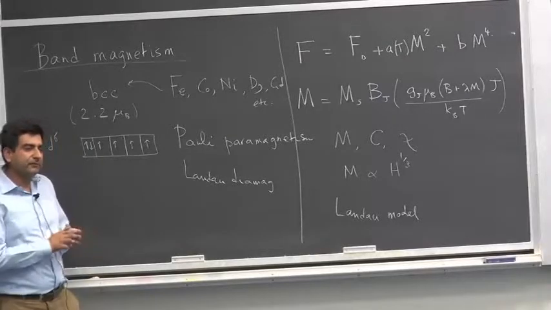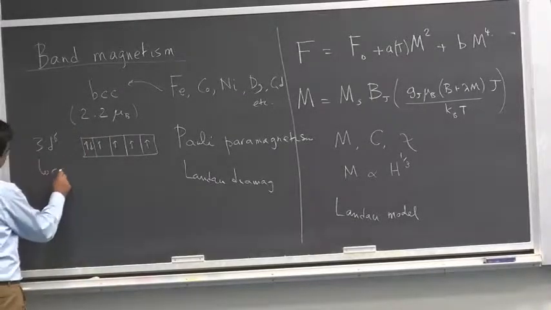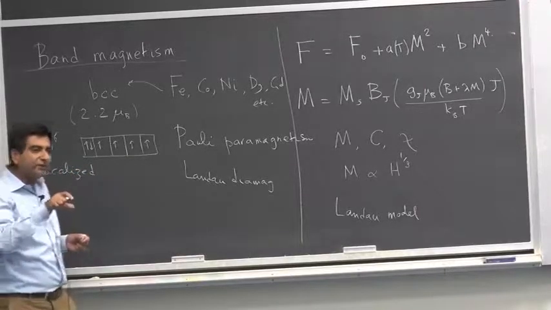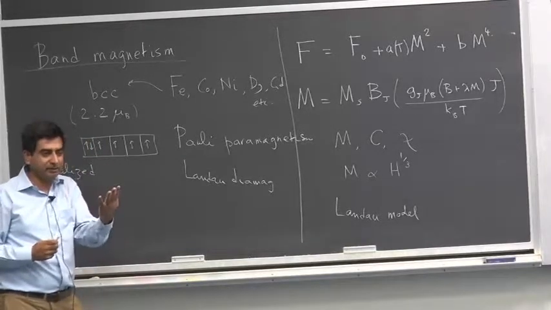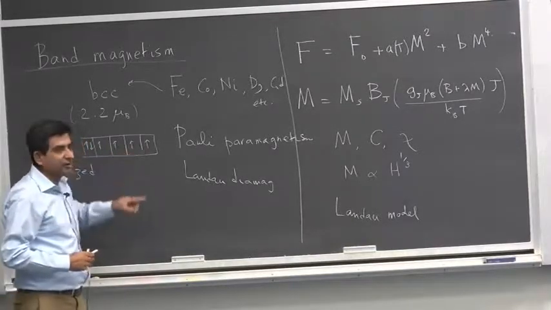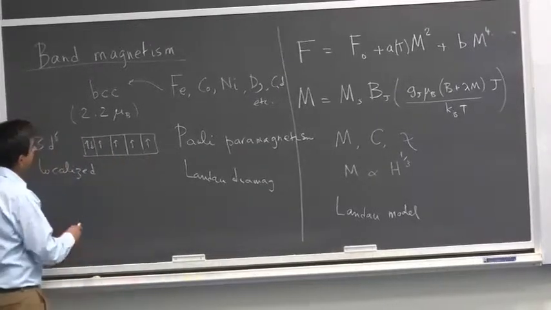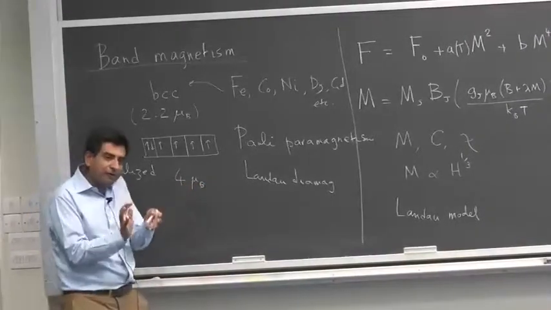So if these electrons were totally localized, that is, they belong to the respective iron cores, then we should have 4 mu_B. 1, 2, 3, 4. The uncompensated spins are 4. So we should really have 4 mu_B as the magnetic moment of an iron atom.